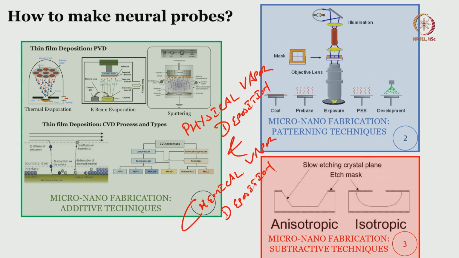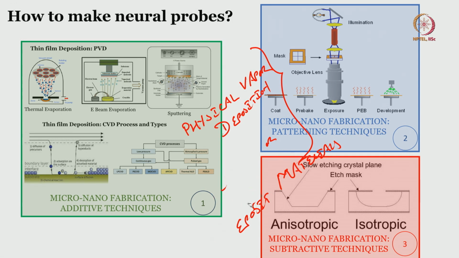Physical vapor deposition and chemical vapor deposition are techniques for depositing different materials. It can be metal, semiconductor, or insulator. If you want to deposit, you can use one of these techniques.